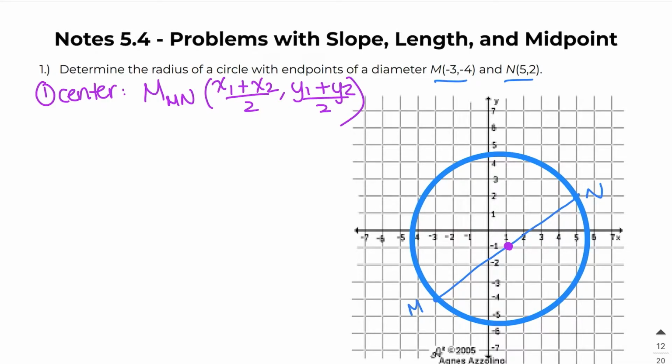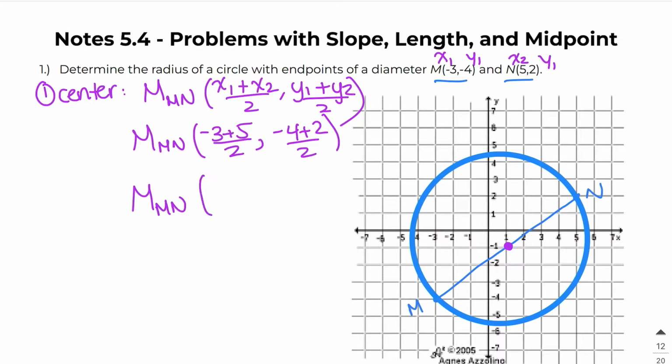So the midpoint of MN would be (-3 plus 5) over 2, and then (-4 plus 2) over 2. So the midpoint of MN would be 2 over 2, -2 over 2, which is (1, -1).